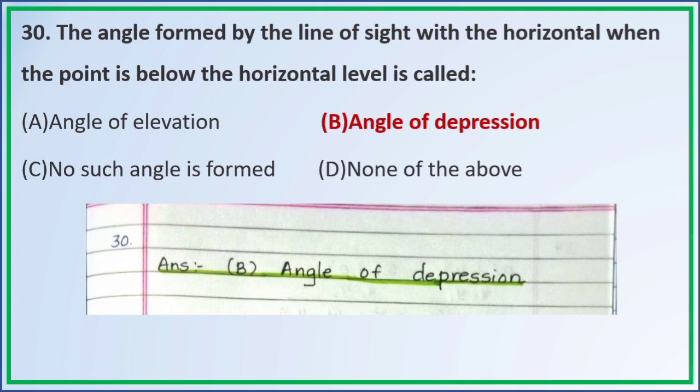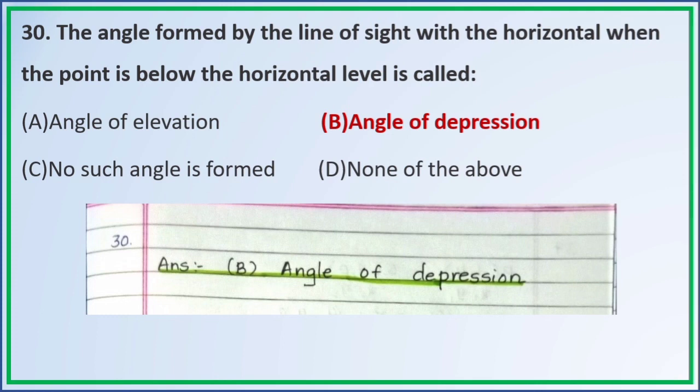Now, question number 30. The angle formed by the line of sight with the horizontal when the point is below the horizontal level is called the angle of depression.